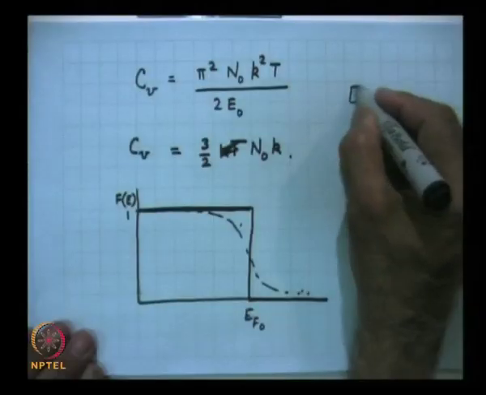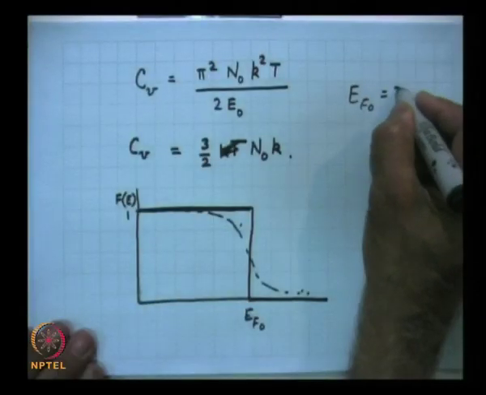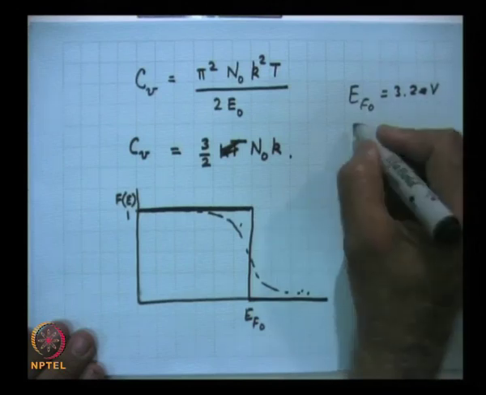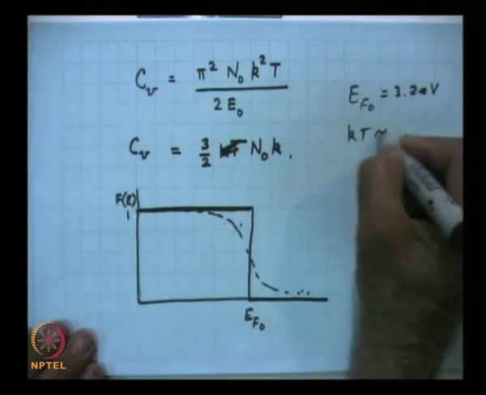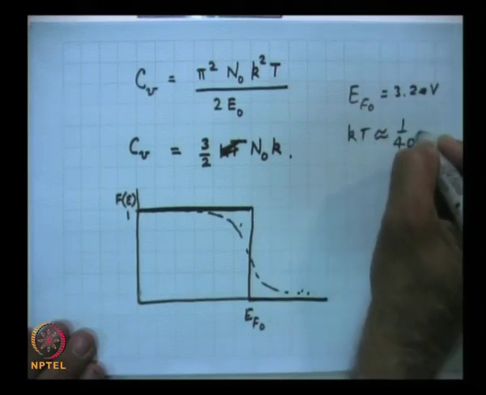If we assume that there is only one electron per atom, then we calculated the Fermi energy at absolute 0. Since the Fermi energy at absolute 0 is much greater than kT, we found that E_F0 was about 3.2 electron volts, and at normal temperature kT is about 1/40th of an electron volt.